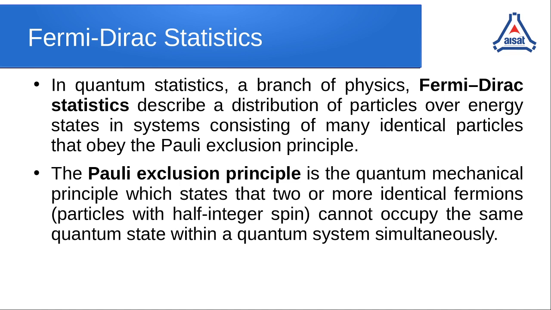Now, what is Pauli's exclusion principle? The Pauli's exclusion principle is the quantum mechanical principle which states that two or more identical fermions cannot occupy the same quantum state within a quantum system.